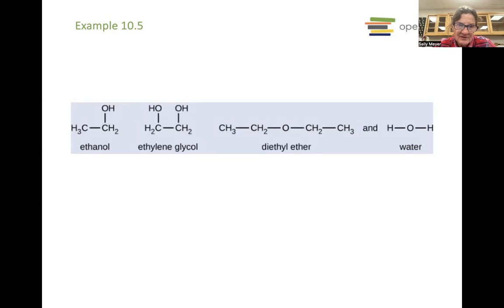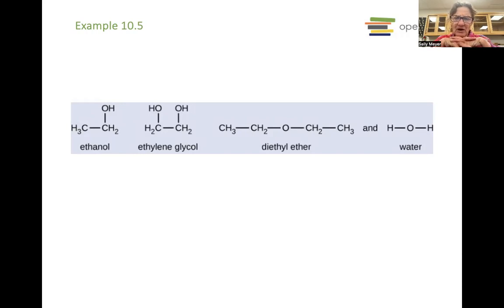So first, ethanol is different from ethylene glycol and water in that it can only form one hydrogen bond, whereas water and ethylene glycol can form two. So that would mean ethanol has weaker intermolecular forces, so it will be next to diethyl ether. So diethyl ether has the highest, ethanol the second.